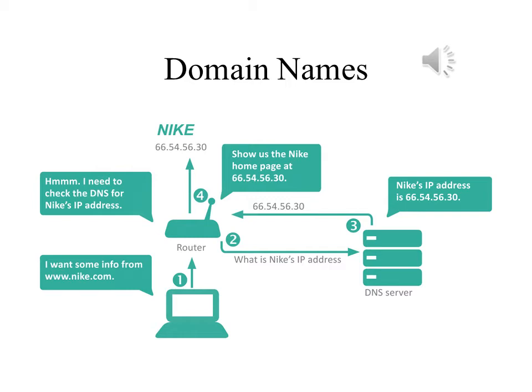The router requests the IP address matching the Internet address and then gets it. That is the 66.54.56.30 that you see in the illustration. The request then goes out on the Internet to Nike, which returns it to the Internet address that requested it.